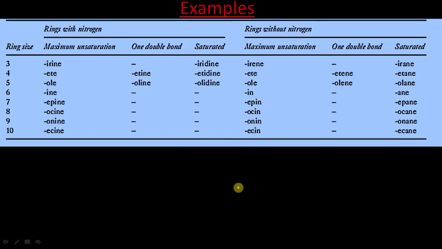So the next example is, let us do this, NH. Again, first of all, it is a 3 membered ring, the heteroatom is nitrogen, and it is unsaturated because it contains a double bond, and it is maximum unsaturated.